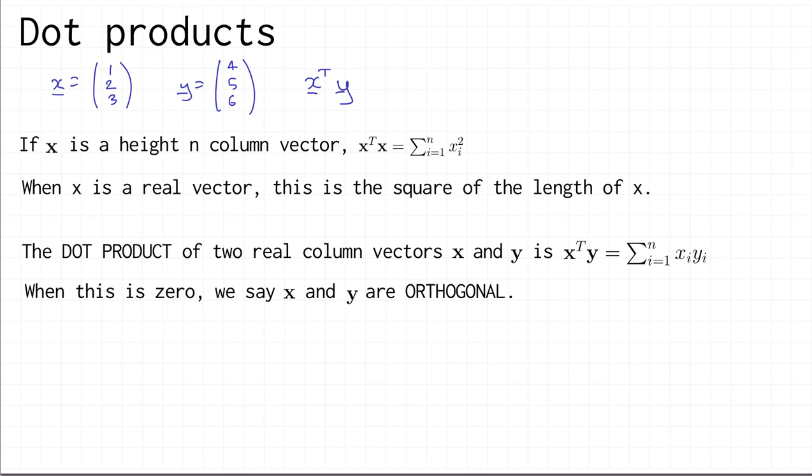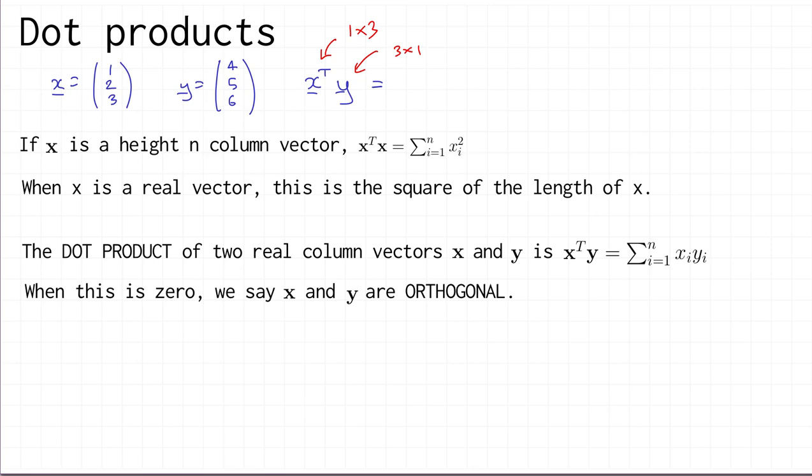And if you think about the size of this, well, X transpose is going to be 1 by 3, and Y is going to be 3 by 1, so their product will be 1 by 1. It will be a 1 by 1 matrix, and we usually identify those things with numbers.